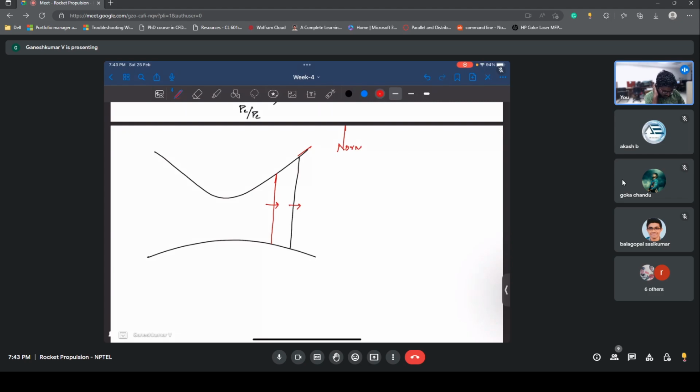If you take a compressible flow course, which I strongly recommend if you are interested, you can learn more about these shocks and different kinds of shocks. So these are called normal shocks.